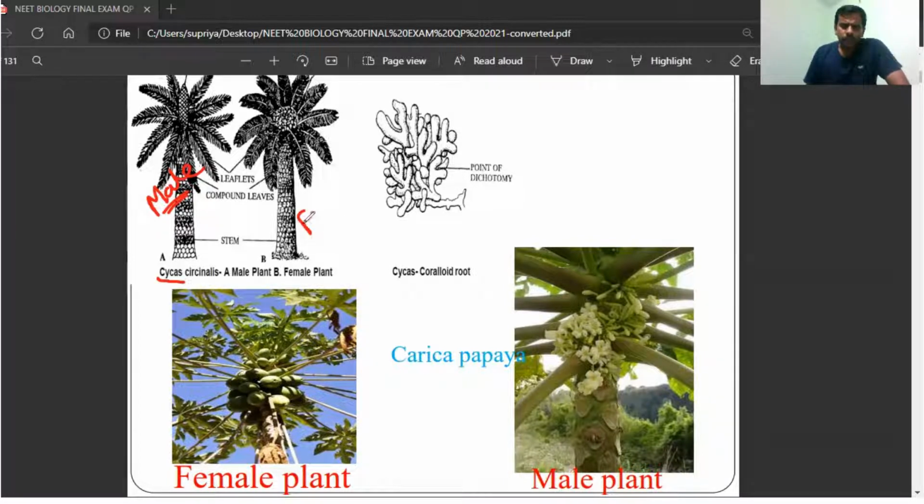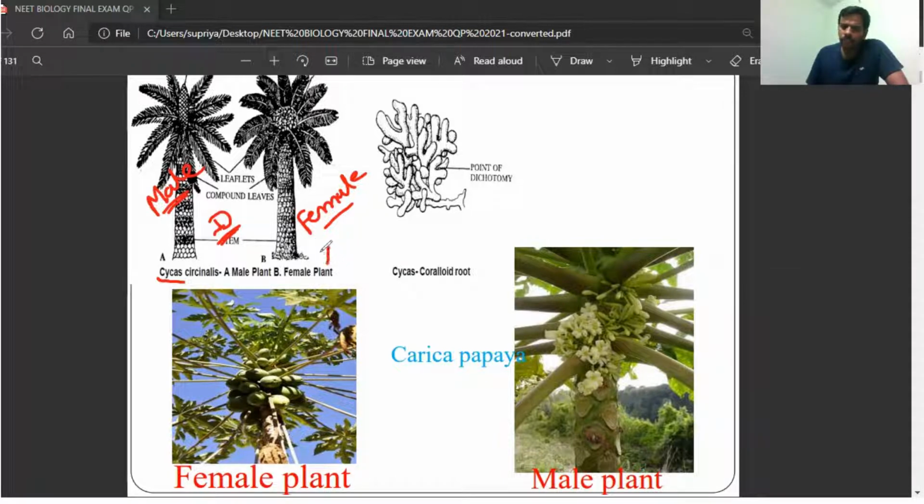As I first told, if 2 different plants are there for male and female, then you can say that they are dioecious plants. They are not monoecious. It means Cycas circinalis is not monoecious.